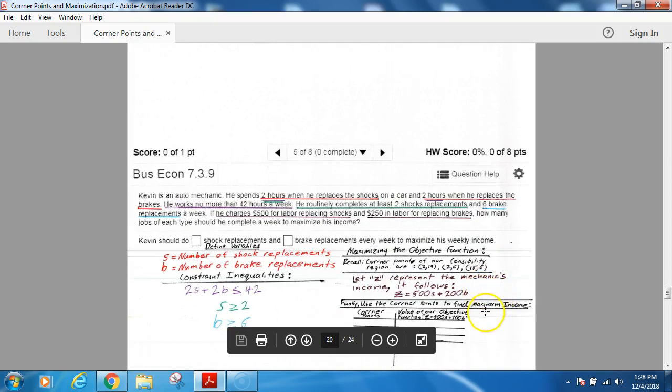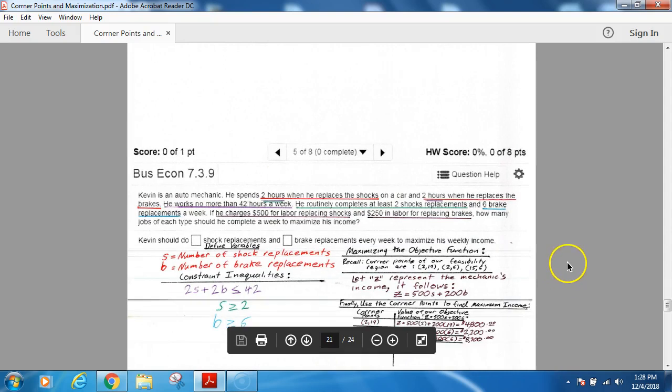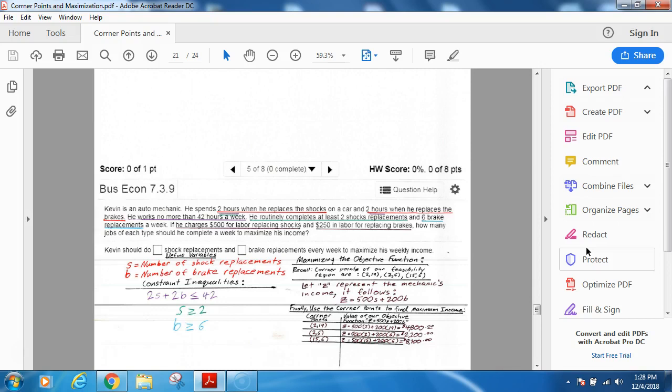All right, now the whole point of getting that objective function right there is that we're going to use the corner point theorem to figure out where we're going to maximize it. Or we want to figure out the maximum income, right? So once again, we identified our corner points right there.